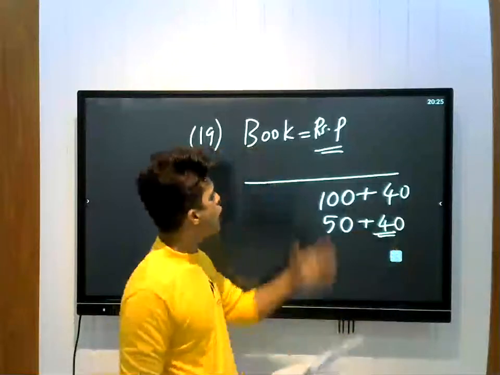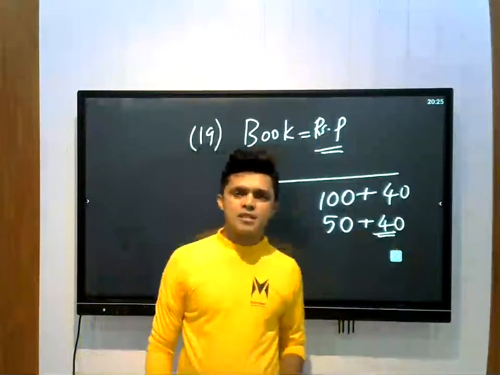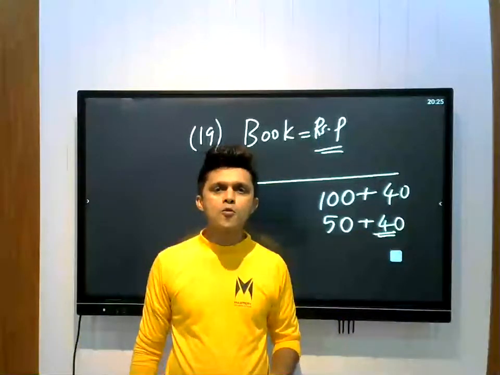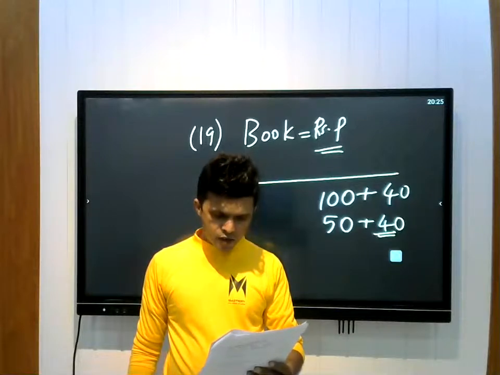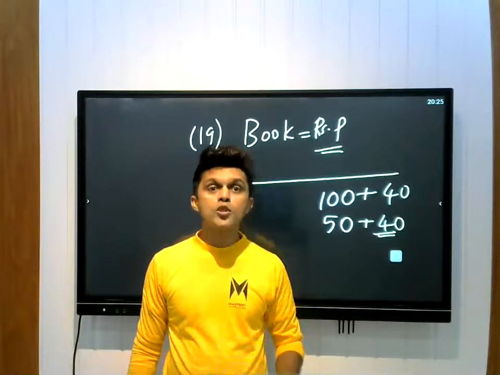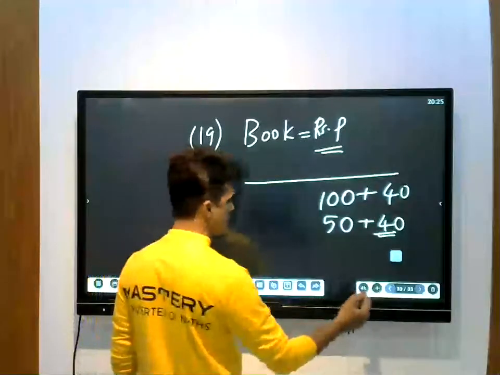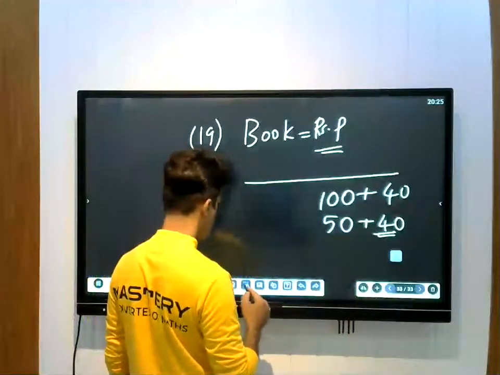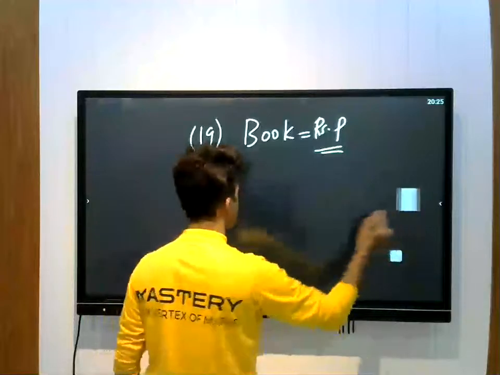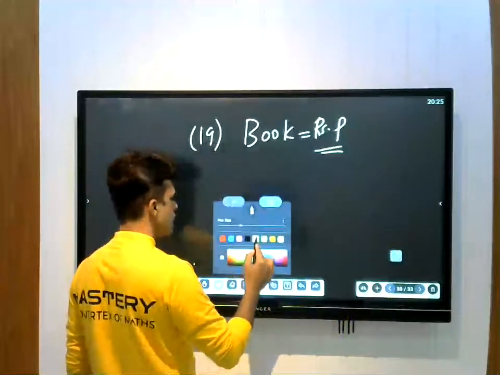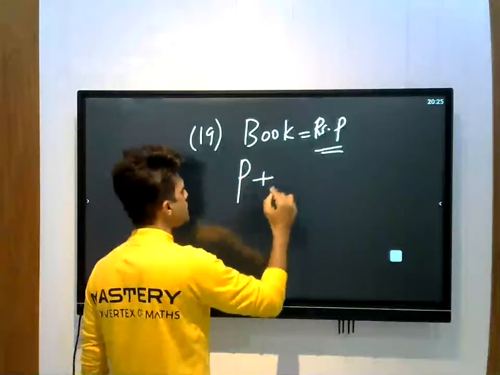We have been given the price of this book as P rupees. So if the price of the book is increased by 40 rupees, then the new price of the book is P plus 40.